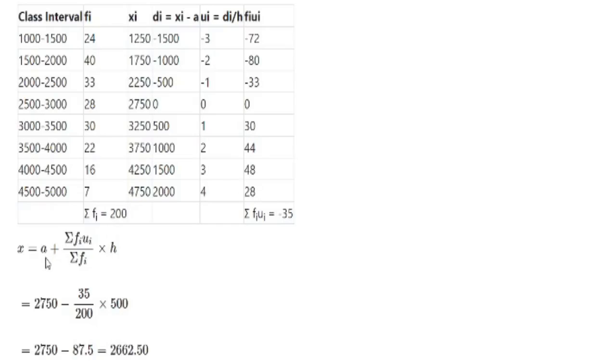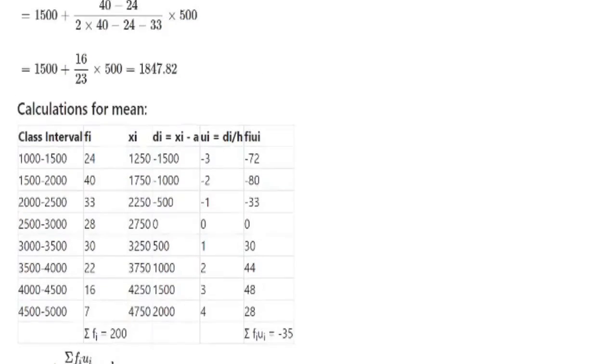A, that is assumed mean we have taken as 2750. Here sigma fi ui is minus 35. So here it is minus 35 by 200 into h. H is 500. So we can substitute the values and simplify it. You will get 2662.5. So this is the arithmetic mean.